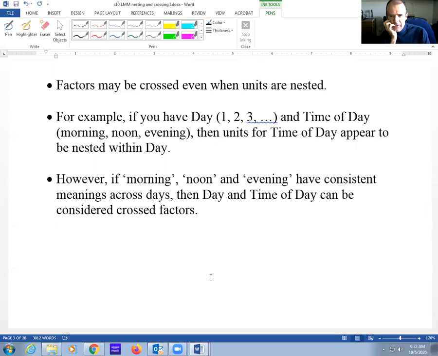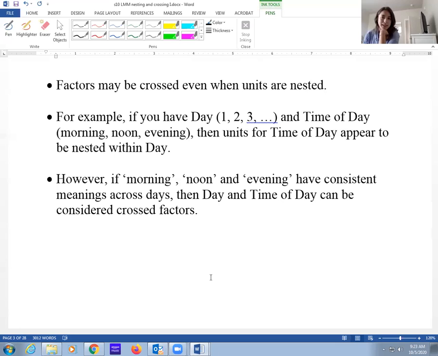Okay, so explain that to me a little bit. If you have day 1, it has morning, noon, and evening. And then you also have day 2, and every day has every morning, noon, and evening. Yes, that's right. But what about those definitions, morning, noon, and evening?